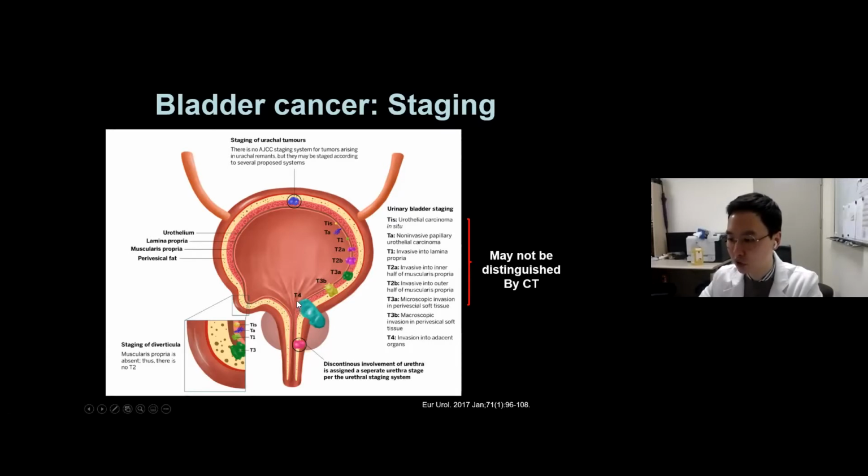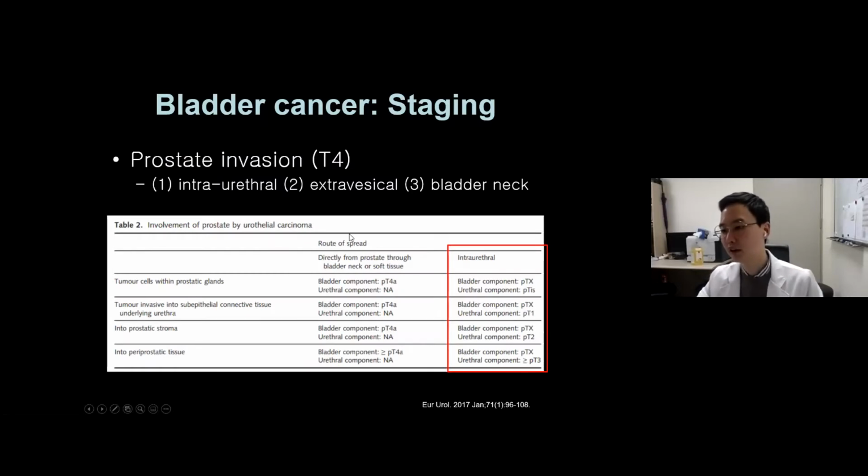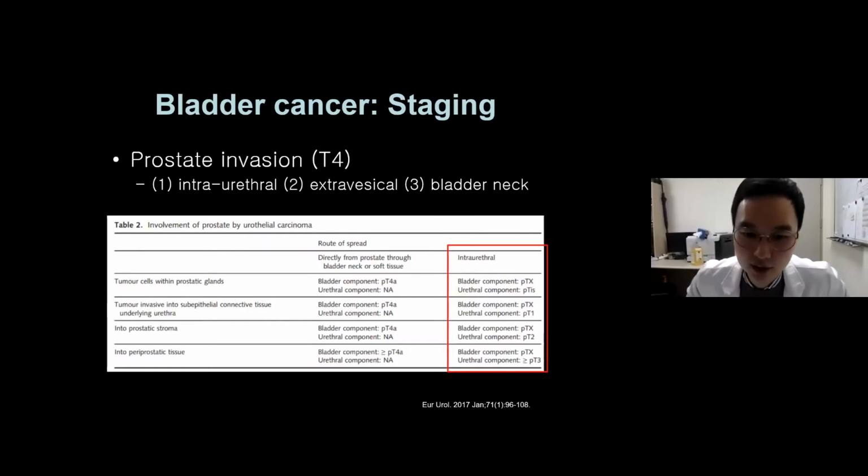However, there can be a chance of tumor here moving on to the urethra and then invading the prostate. In this kind of intraurethral invasion of the prostate, this is not indicated as T4.